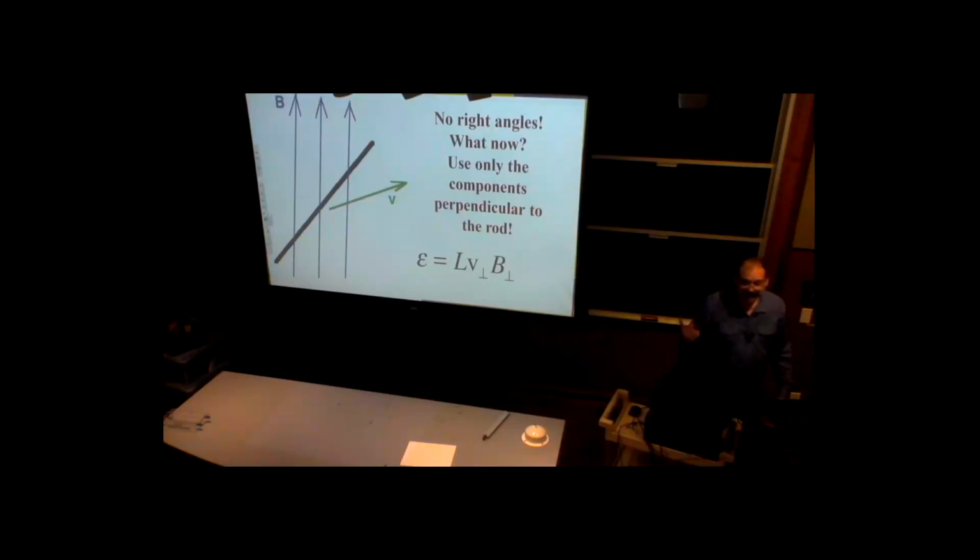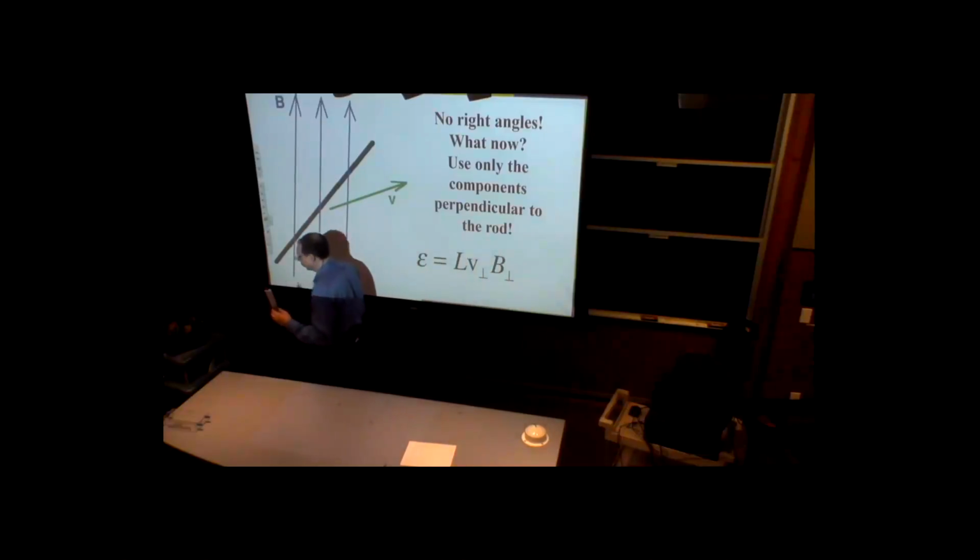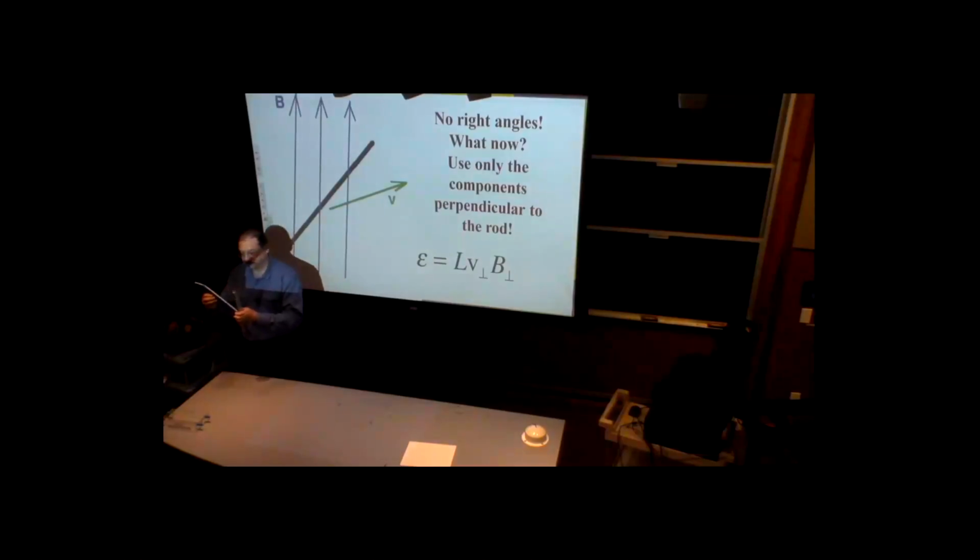What do we do if that's not the case? We just use components which are perpendicular. You can imagine magnetic field and a bar and velocity. Relative to this bar, any vector always has two components. If this is a magnetic field, it has component parallel to the bar and perpendicular.